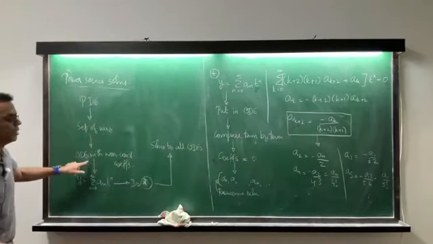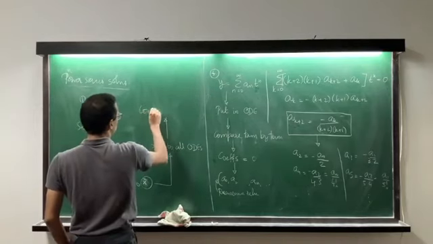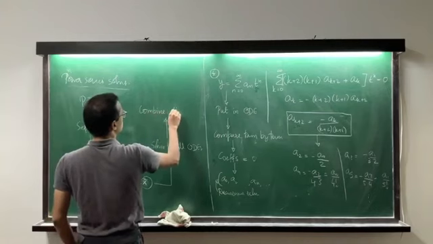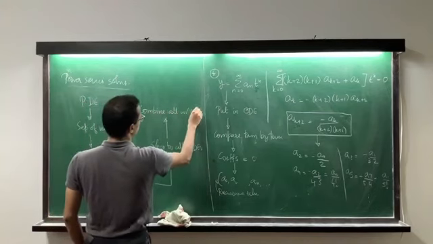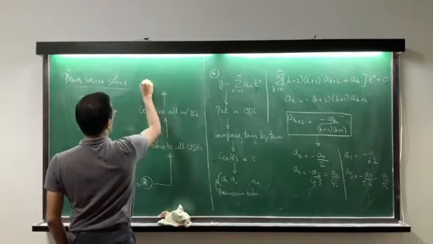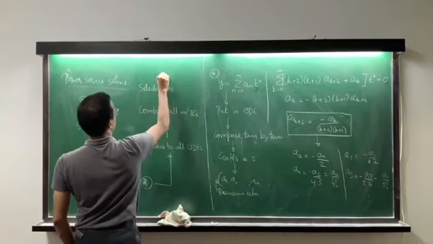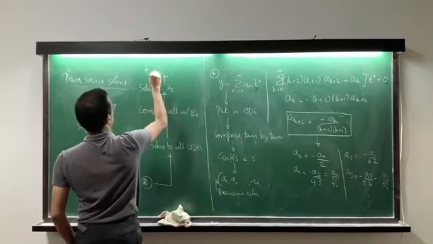Remember, this gives you multiple ODEs, and then I will combine all of them with the boundary conditions. This will give me a selected set of wavelengths if it's a boundary value problem, and this will give me the final expression.